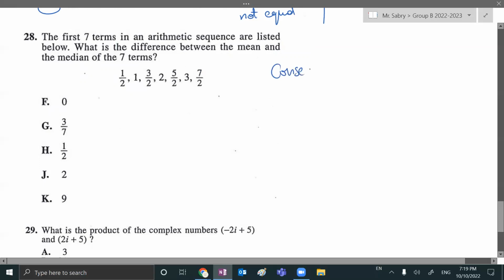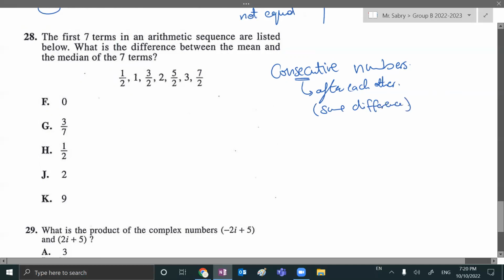Do you know what the word consecutive means? Close. Actually, after each other. So consecutive means after each other, or in other words, they have the same difference. The numbers after each other that share the same difference.